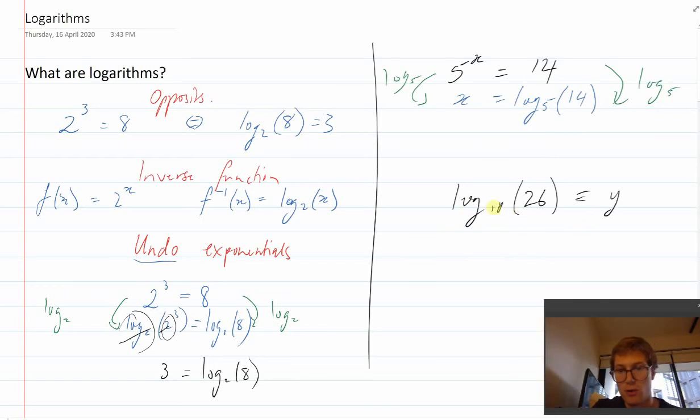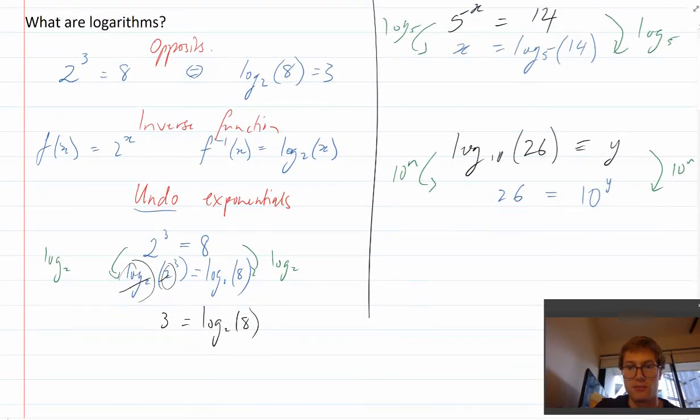You need to think, well, what's the opposite of a log? Well, that's a power. So what you have to do here is, instead of a logarithm to both sides, 10 to the power of both sides. 10 to the power of. And that undoes, the 10 to the power undoes the log, giving you just 26, and that'll equal 10 to the power of y. So that's how these logarithms really work.